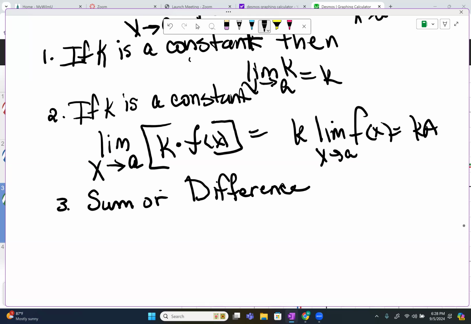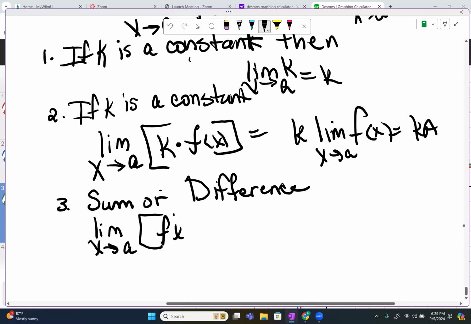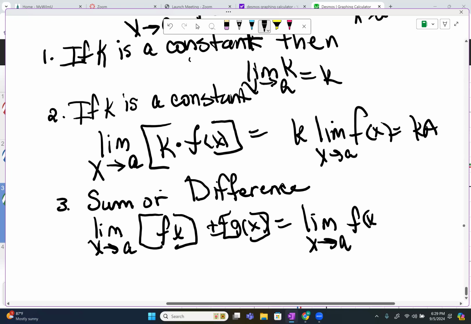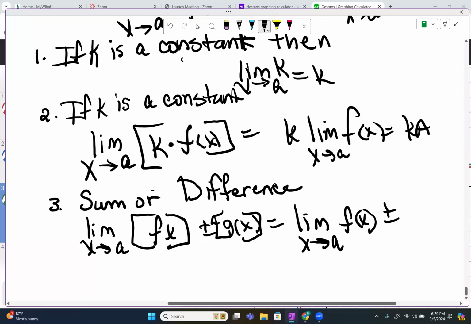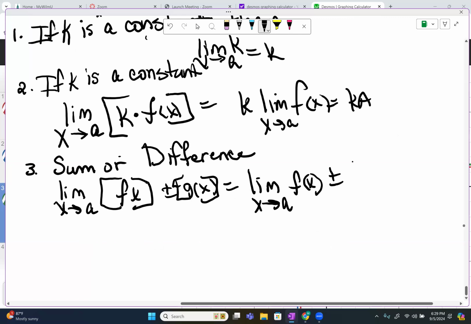If I have the limit as x approaches a for some f of x plus or minus some g of x, then that is the limit of x approaching a of f of x plus or minus the limit as x approaches a for g of x, and that is equivalent to A plus or minus B.